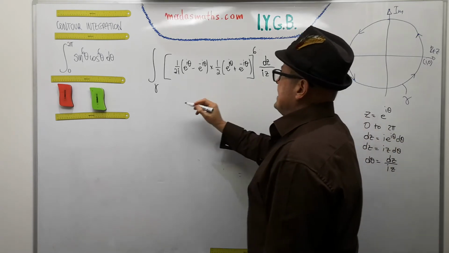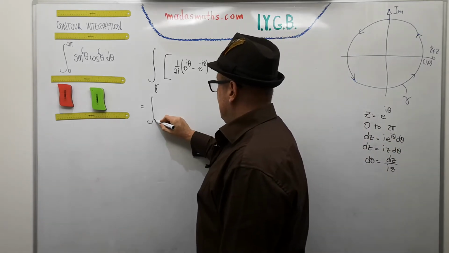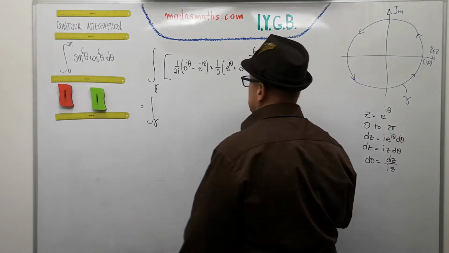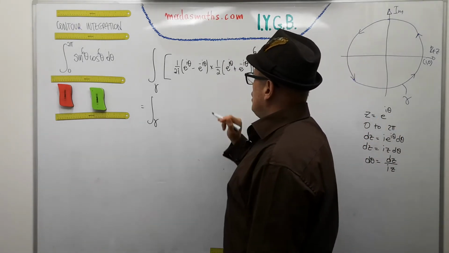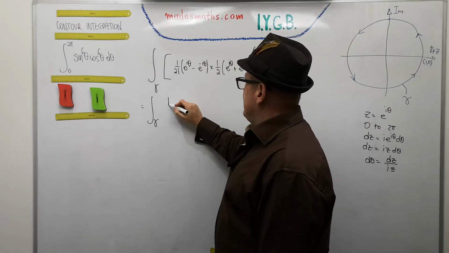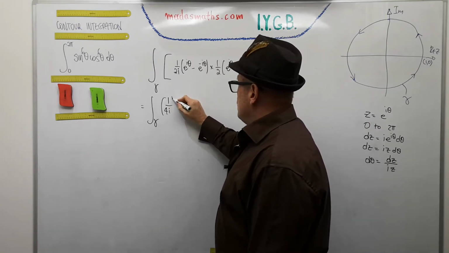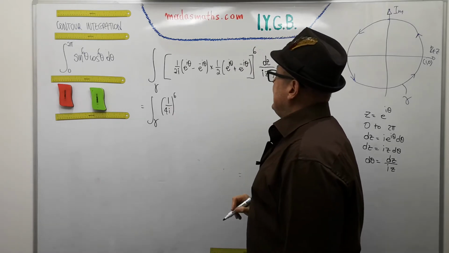So of course the next step is quite clear. We need to move all these exponentials into z, given the fact that z is e to the i theta. So a couple of tidies. Let's write this 1 over 2 times 2 is 4, (4i) to the power of 6.